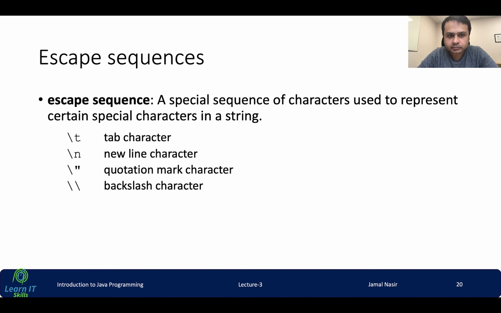And from the previous slide's problem, where we want to print a quotation mark in the string, we can use the escape character \, right? Even if you want to print a \ character, then you can simply add another \ character to print one \ character, right?